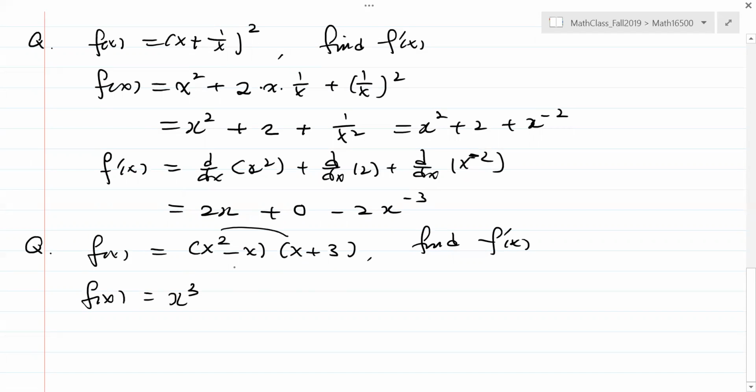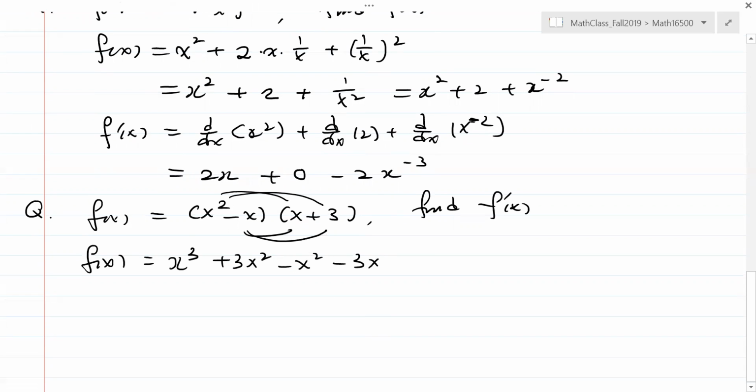So x cubed plus 3x squared minus x squared minus 3x. Okay, so you simplify it, and you get three terms.